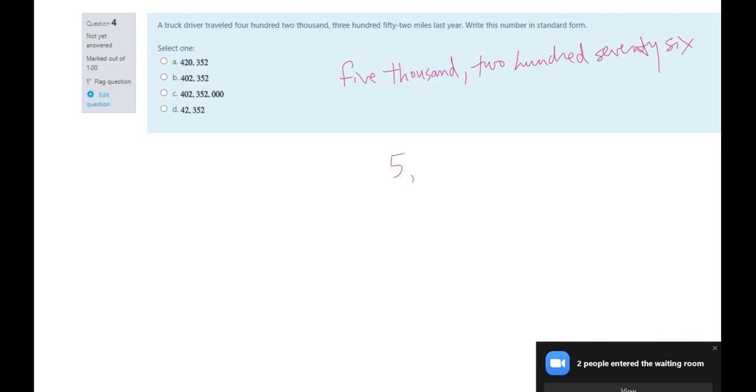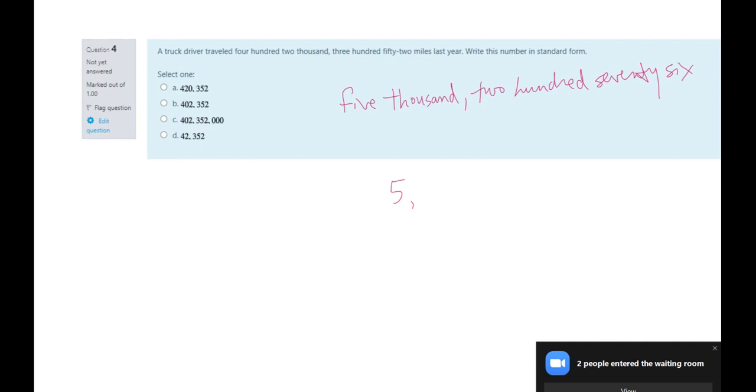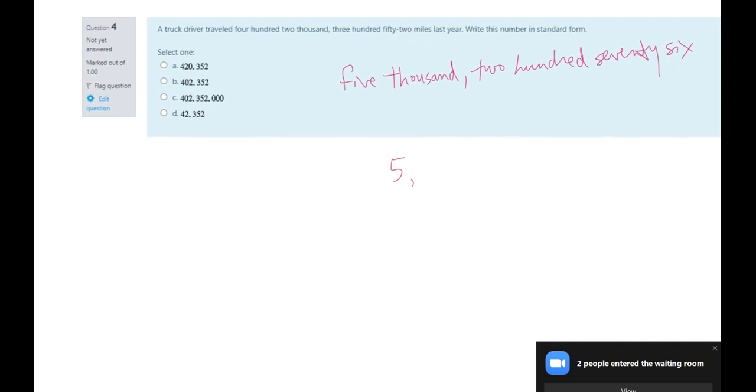So after my thousands, I always do this. And the one thing that always happens is they go in sets of 3. So in this particular one here, you say how many millions, how many thousands, how many hundreds, right? And then so we have 5,276. So that'd be that one.